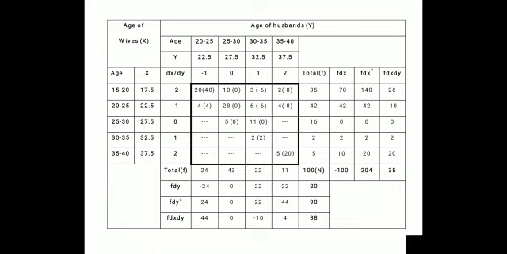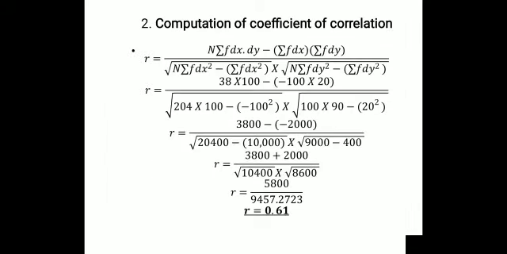So this completes the total calculation of this table, and we have to substitute all these values into the formula: n into sigma f dx dy minus sigma f dx into sigma f dy, divided by root of n into sigma f dx square minus sigma f dx whole square, into root of n into sigma f dy square minus sigma f dy whole square.